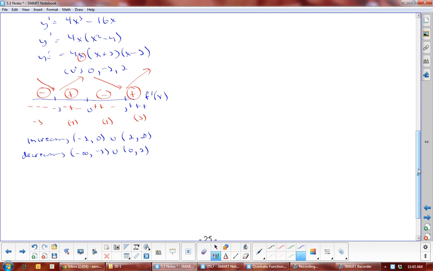We need to know there's a local min at negative 2, and 2. Negative 2 comma something and 2 comma something. Make sure you're putting into the original equation, and just to speed things up, I'm going to give you those. That's negative 2, negative 16, and 2, negative 16.